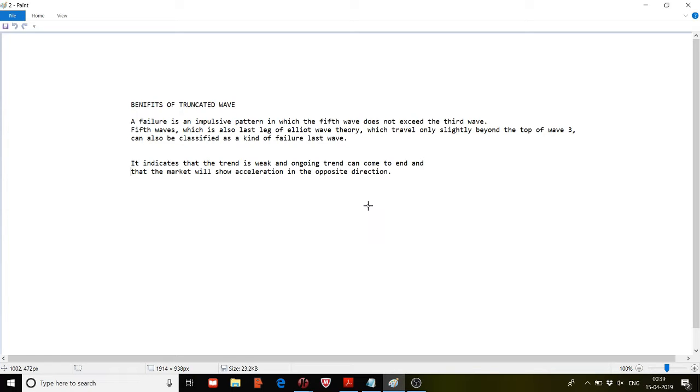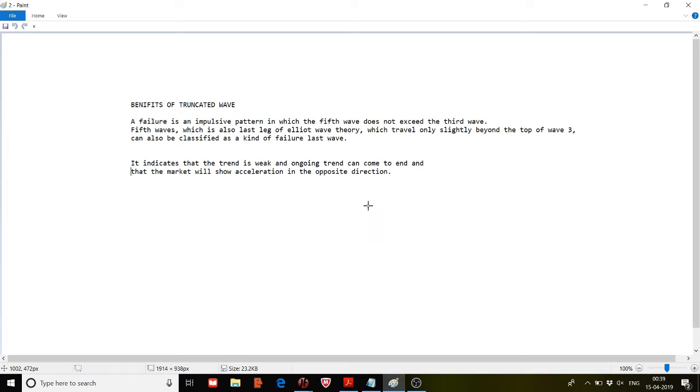The important thing is that when the principle was published, it was considered that either wave 5 or wave 3 can be extended, but these days most traders focus on wave 3. It should be extended and longer than the other two waves.